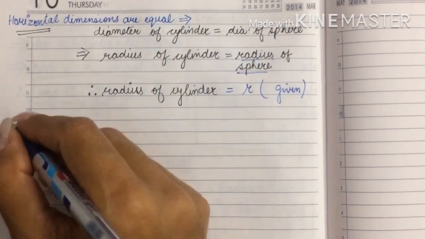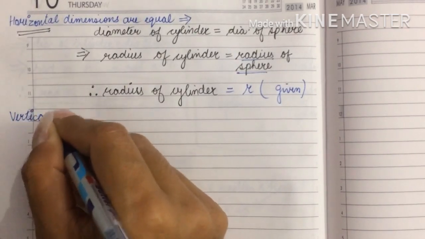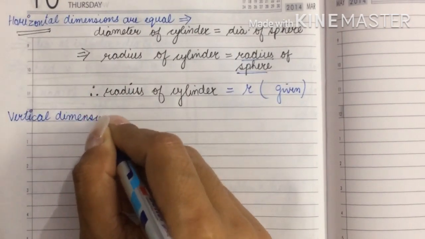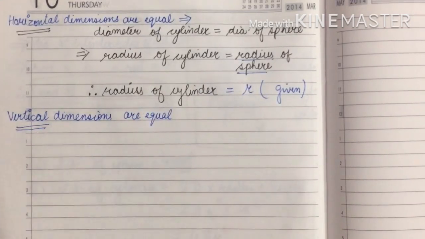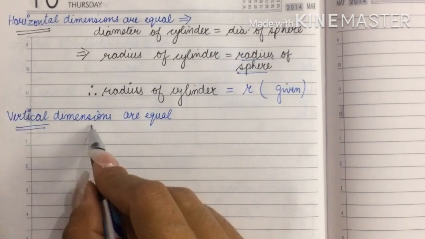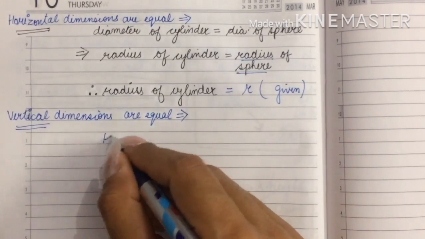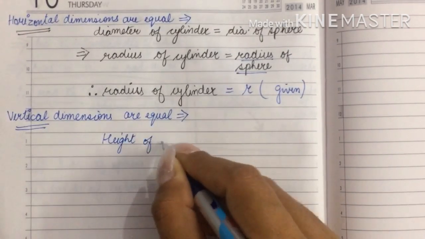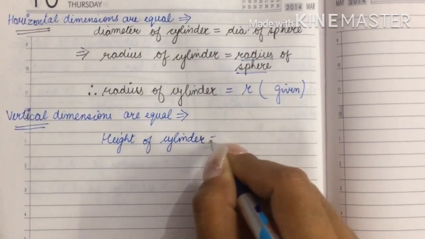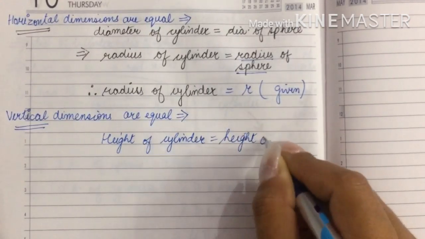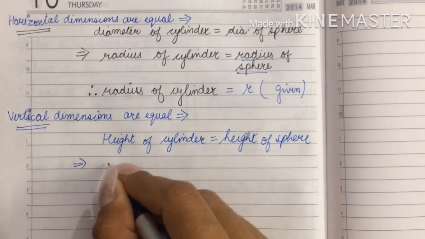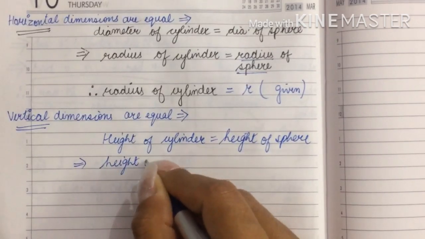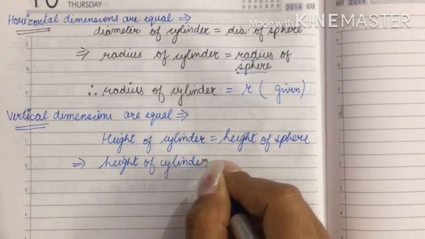Now let us see what happens when vertical dimensions are equal. Dimensions, by dimensions we mean measurements. So vertical measurements are equal. This means height of cylinder will be equal to height of sphere. So height of cylinder is fine, but we don't have the height of a sphere.